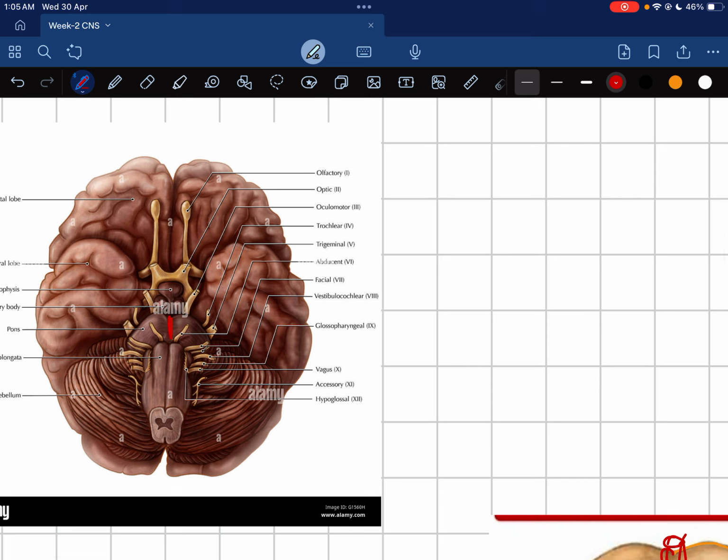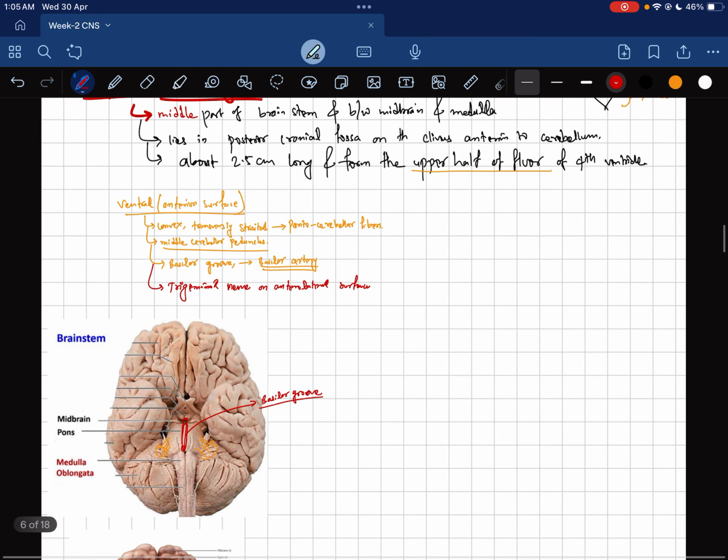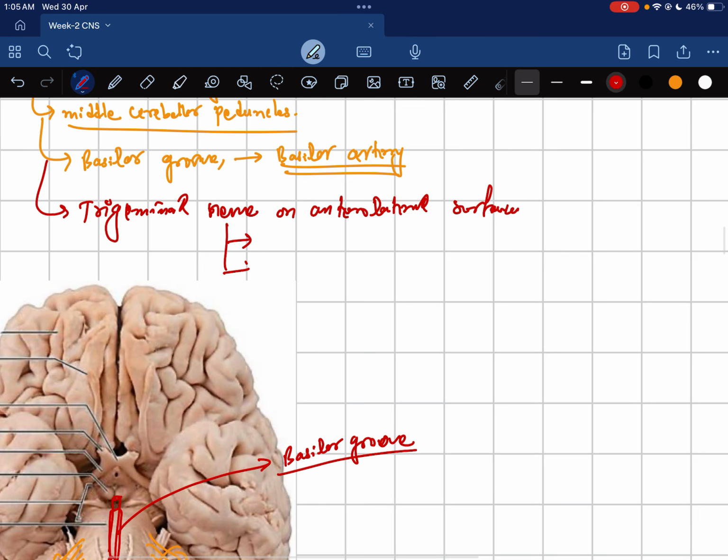When we look, this is the trigeminal nerve, in the anterior and lateral region. There is a motor and a sensory root.